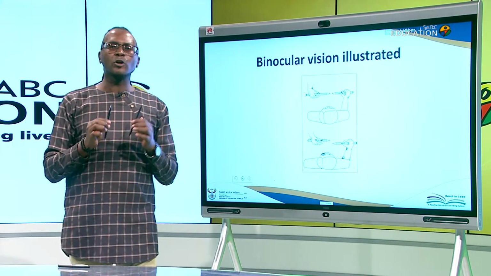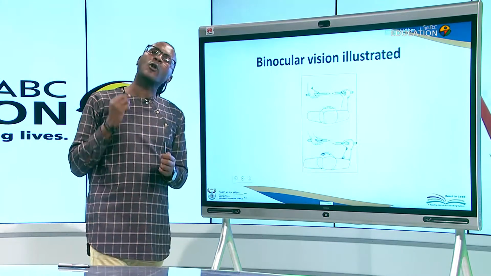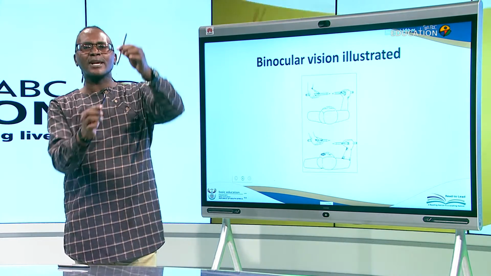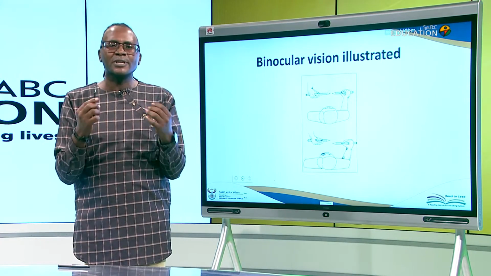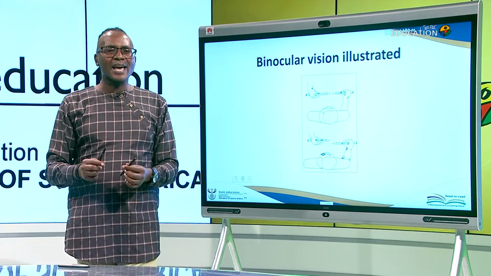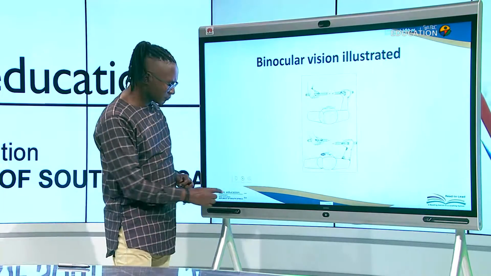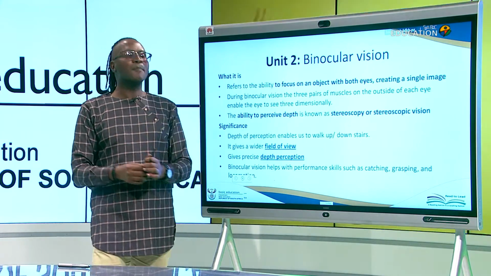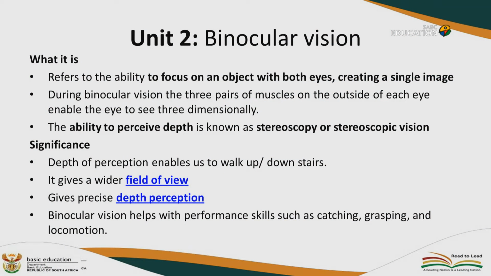So that is binocular vision. So if you close one eye and do the same exercise, it's going to be difficult because you're using one eye. So hence we are saying binocular vision is the ability to focus on an object using two eyes. And those two eyes, they create a single image.